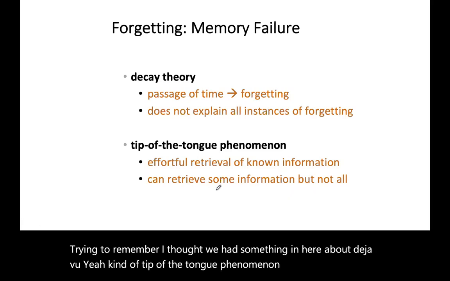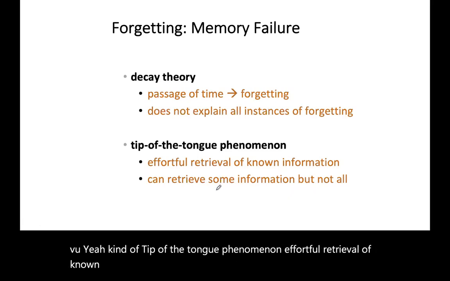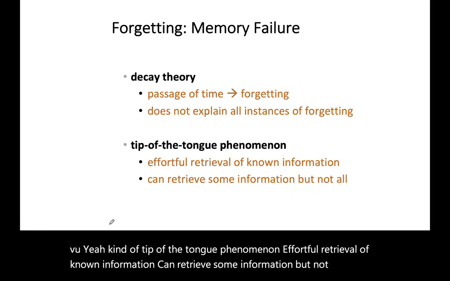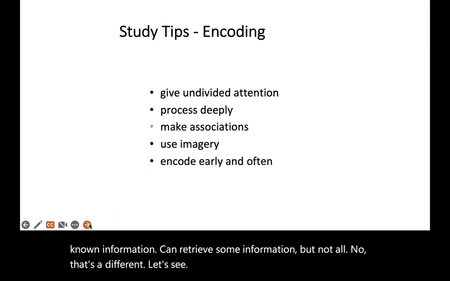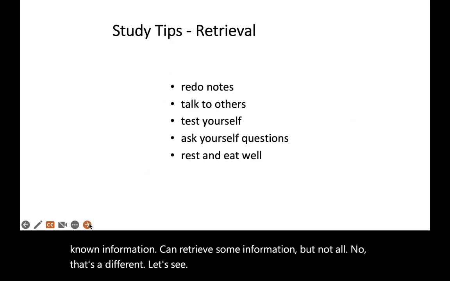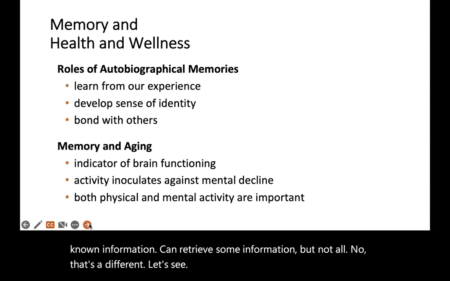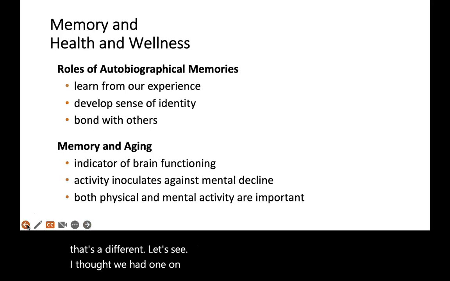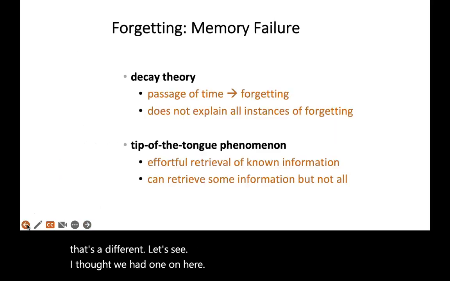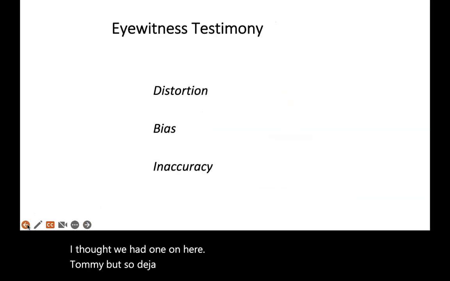Effortful retrieval of known information can retrieve some information, but not all. Oh no, that's a different one. Let's see. Okay, I thought we had one on here. Tommy, but so deja vu memories, okay?